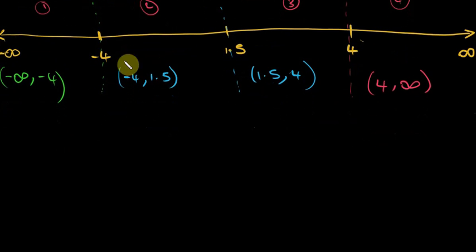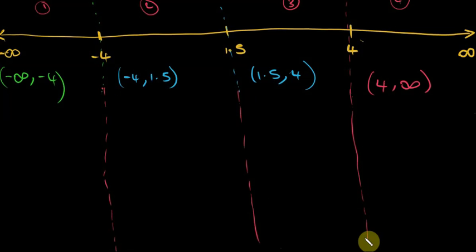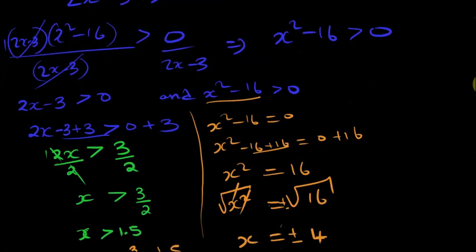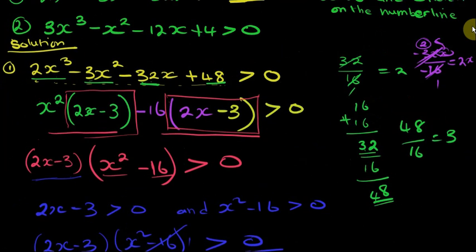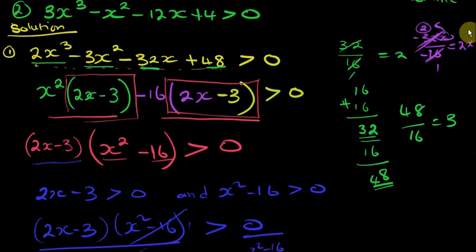So let's find out in which region our condition is met. What's our condition, if you still remember? The condition is that the equation 2x cubed must be greater than 0.